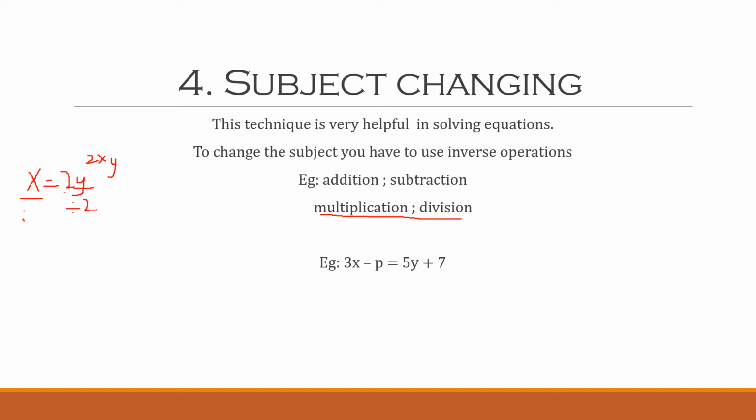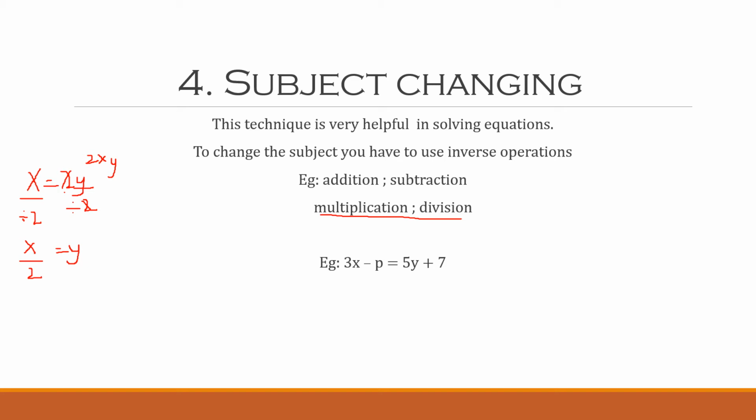So here I have divided both the sides by 2. Now this 2 and this 2 cancel each other out, leaving just y, and here it becomes x upon 2. So x upon 2 is equal to y. This is how we use inverse operations and change the subject.